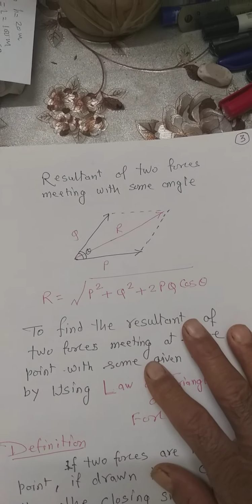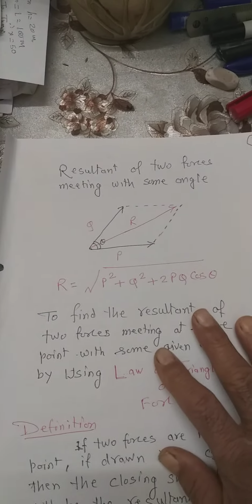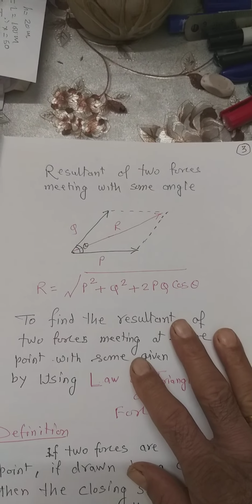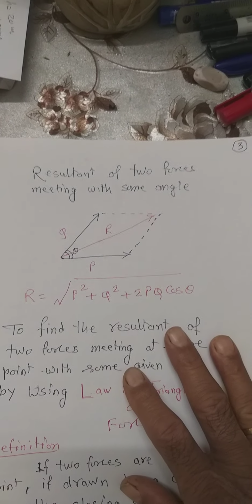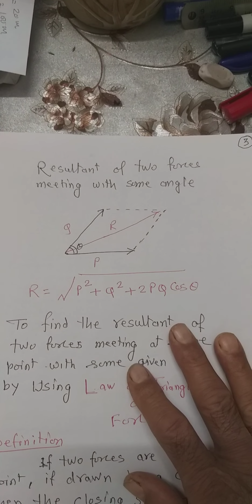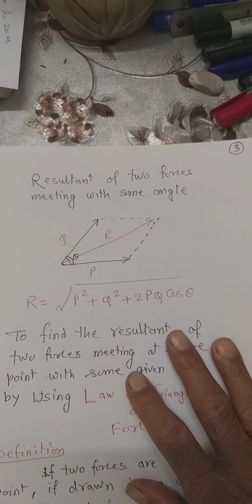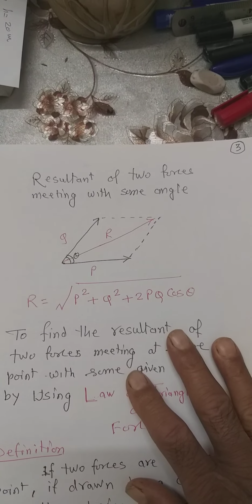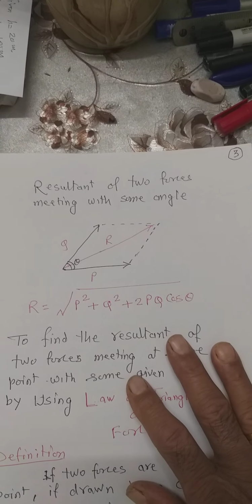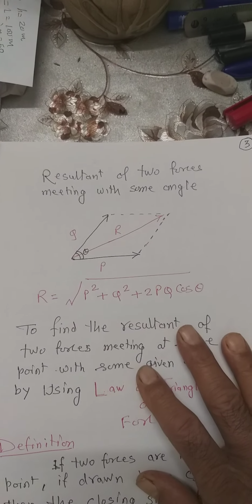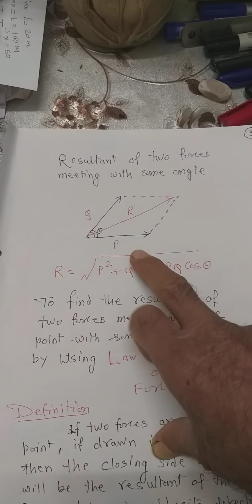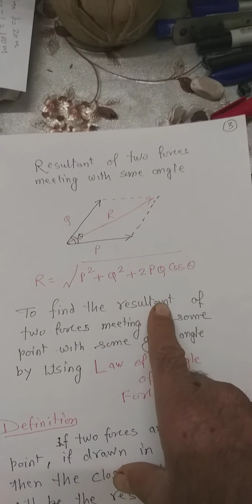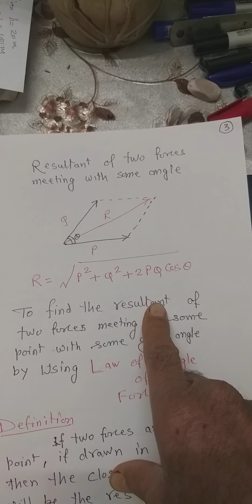Now when I am talking about the forces, that is the resultant of the force. When two forces, say P and Q, are meeting at some angle theta, then the resultant of that force can be calculated, because it is a vector quantity, mathematically by the cosine formula, that is resultant R is equal to the square root of P square plus Q square plus twice PQ cos theta.